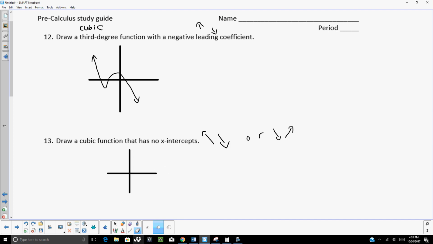Let me do that a little bit better. So that kind of looks like a cubic function, but that arrow means that it's going to continue to go down so that it will cross. So this is impossible.